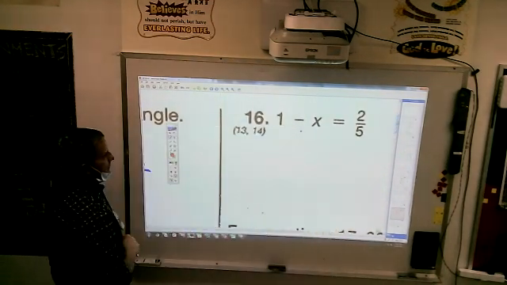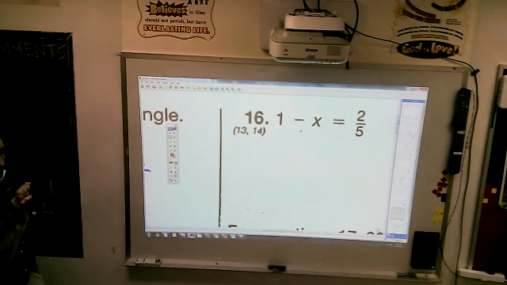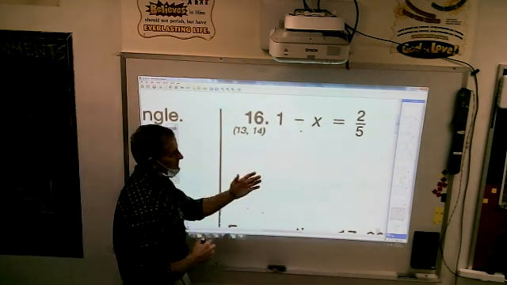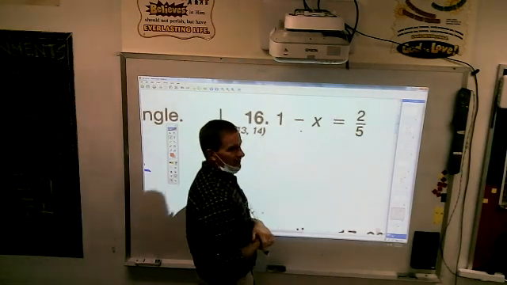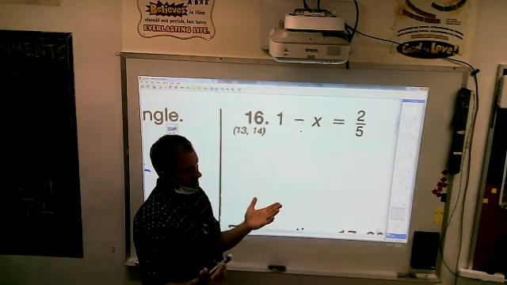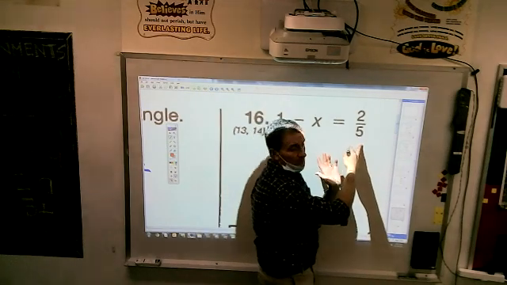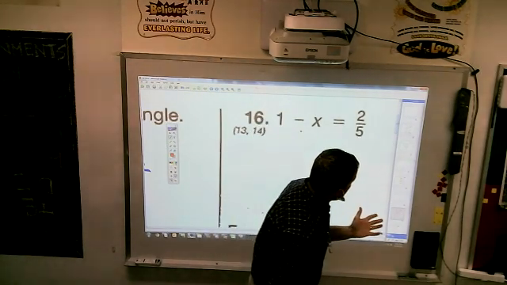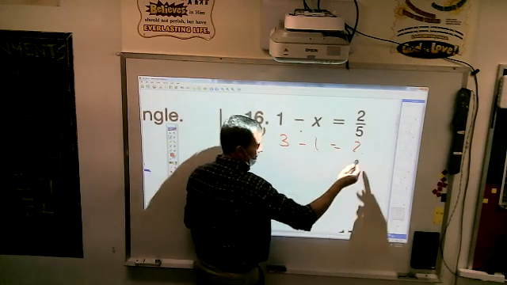Oh, look. This was one of those where you solve by inspection, by just looking at it. If that inspection thing gives you a question, you can't just say, 1 minus what is 2/5. Back in 5th and 6th grade, if there was a missing number problem, remember what I said to do? Think of an easy subtraction problem you know. Maddie, give me any easy subtraction problem. 3 minus 1 is 2, right?